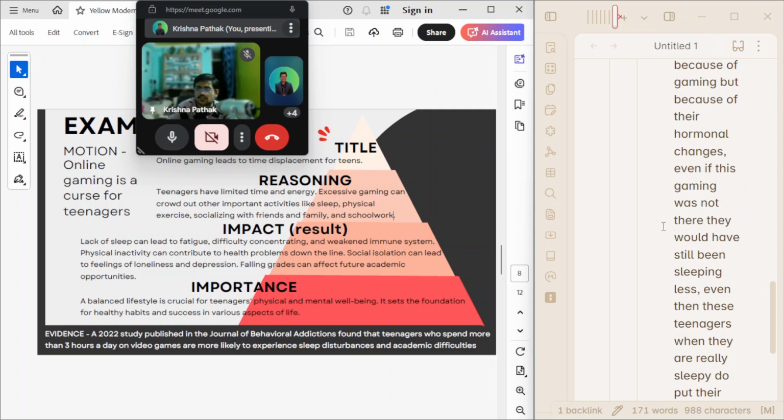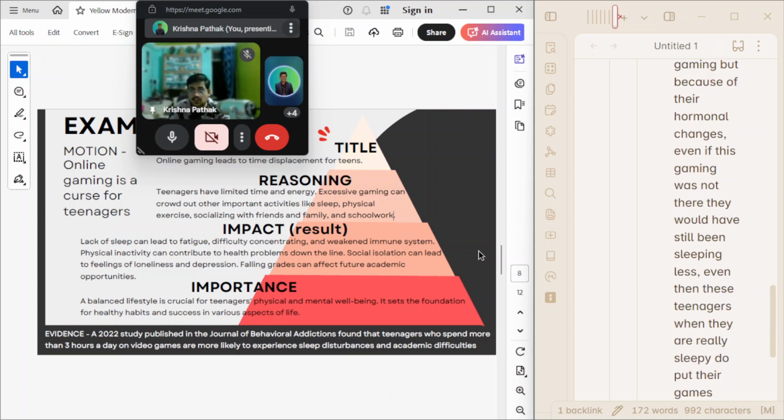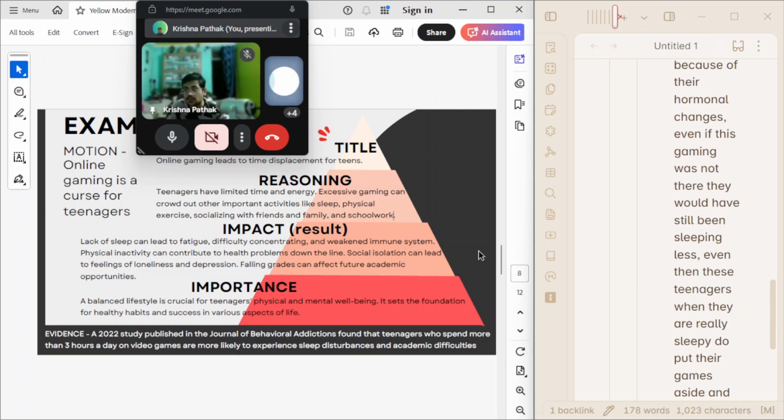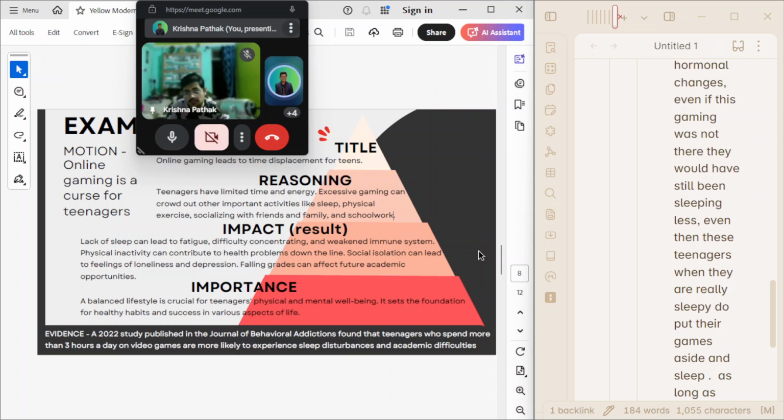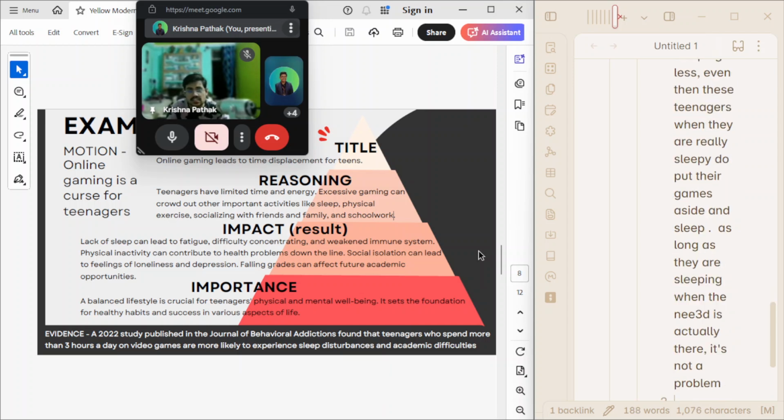So as long as they are sleeping when the need is actually there, it's not a problem. Then you talk about how they're not doing physical exercise and not socializing with friends and family.